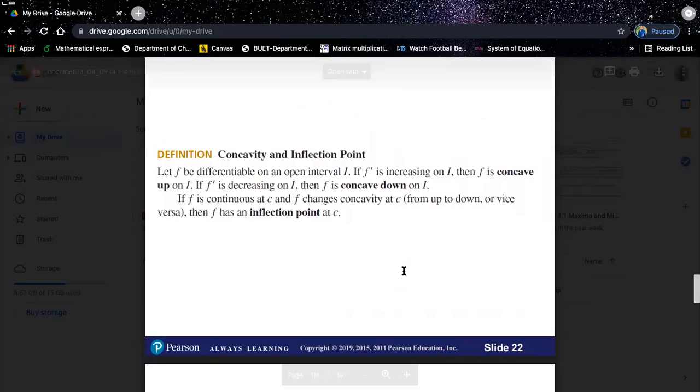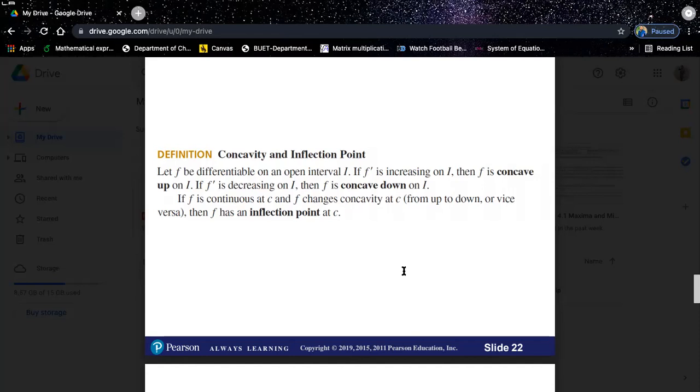That's an interesting thing to calculate. We'll be doing a lot of algebraic problems. We'll pick up a function and find where it's concave up, where it's concave down, and where the inflection points are. We'll be doing lots of problems like this, okay?